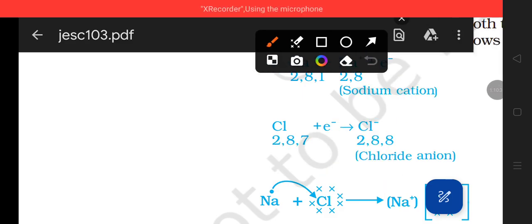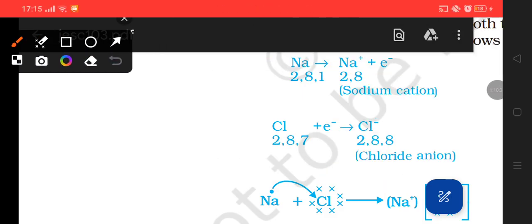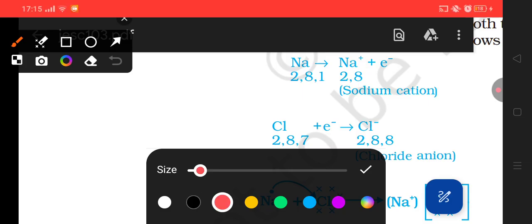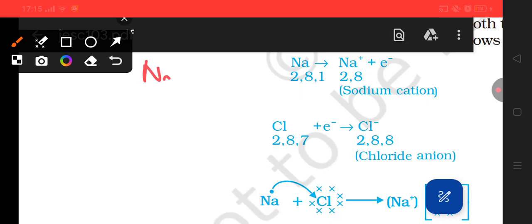What is happening? See very carefully. Sodium is an element which has the atomic number 11. I'm not taking black, I'm taking another color, red. Sodium has the atomic number 11, isn't it?